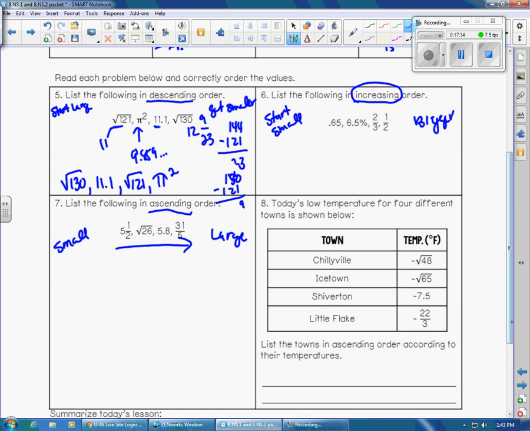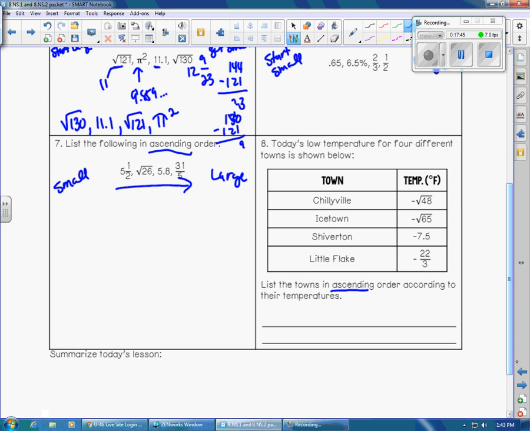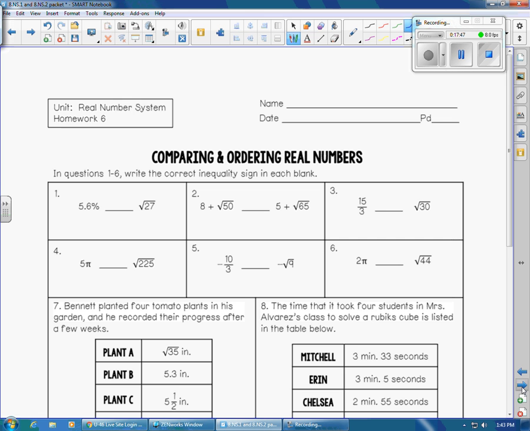Number 8, today's temperature for 4 different towns is shown below. List the town in ascending order. Starting small, getting bigger. And then do the summary and try to work on the next page.